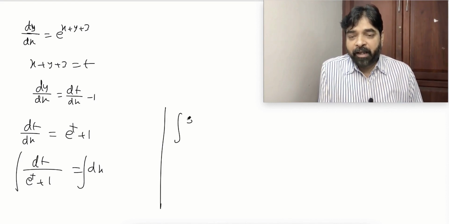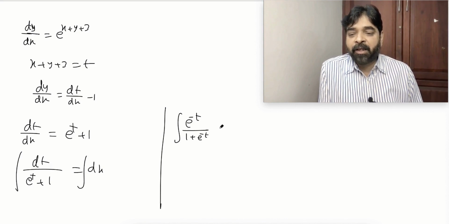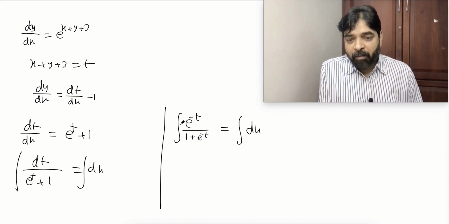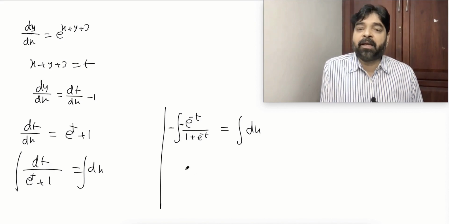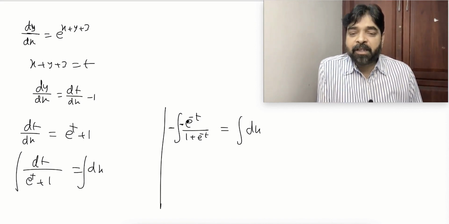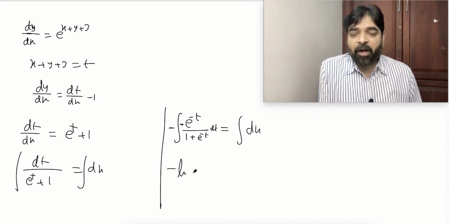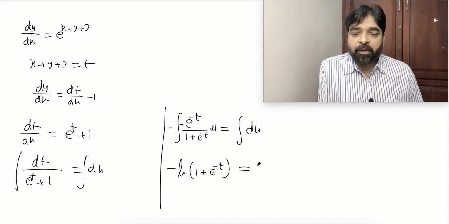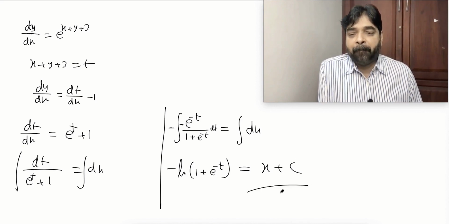So I will get e power minus t divided by 1 plus e power minus t is equal to integration of dx. If you don't mind, multiply by minus here and here. The differentiation of the denominator is available in the numerator, this is the form of f dash x by f x. So this integration will become ln of 1 plus e power minus t is equal to x plus c. This will be the answer.